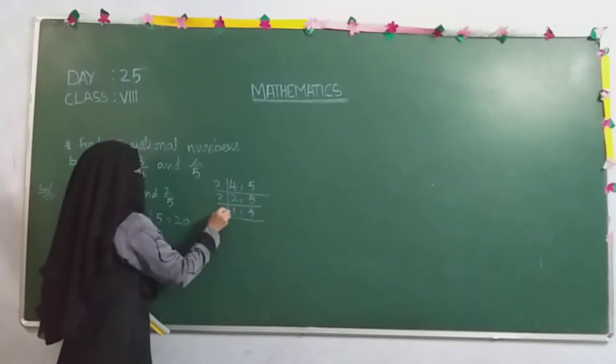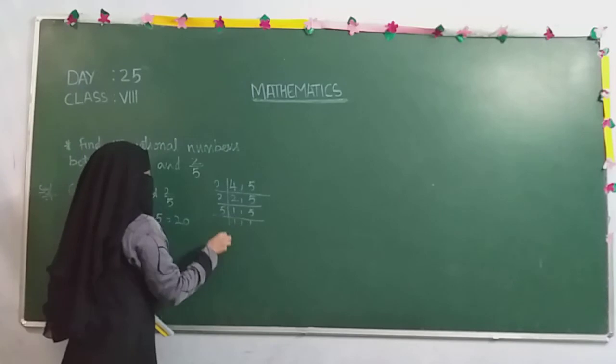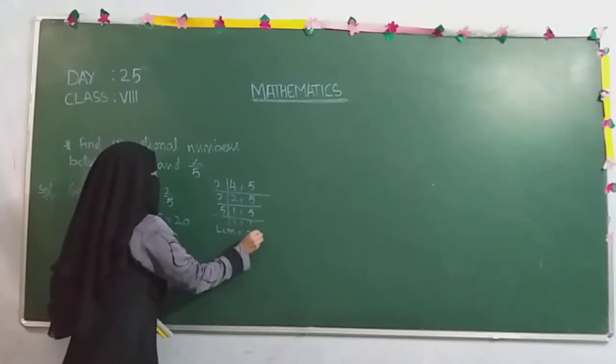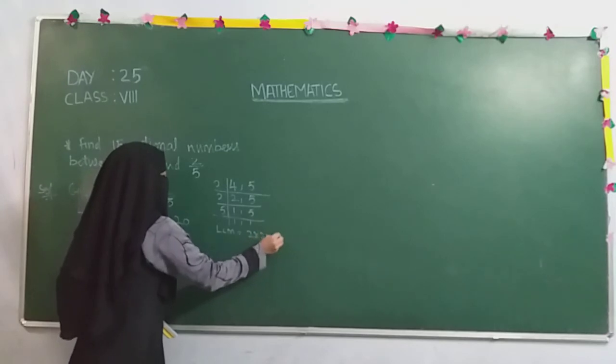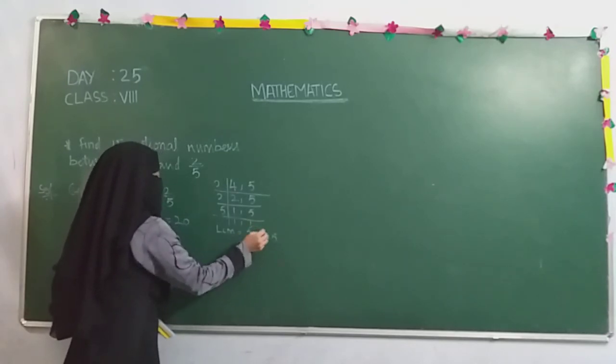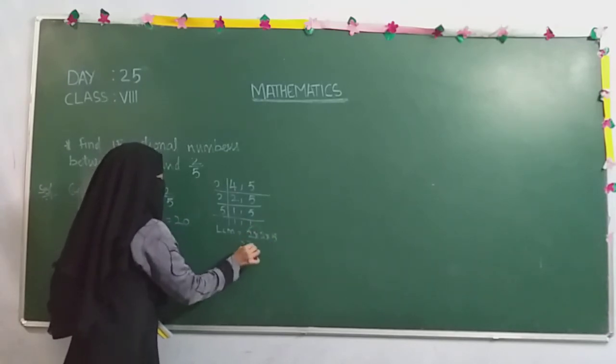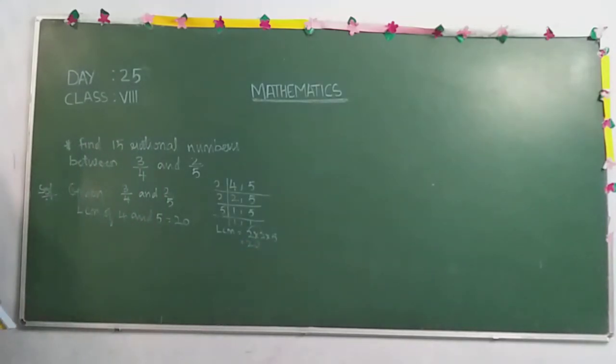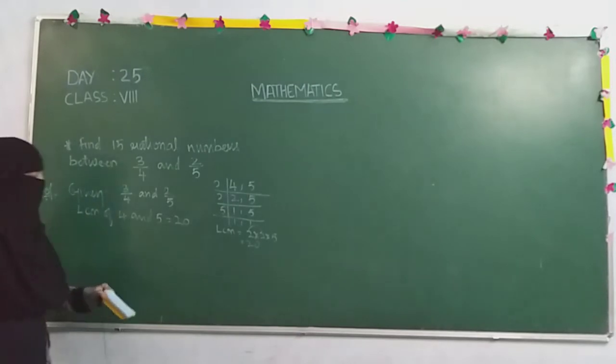Then we proceed with 5 ones. Now whatever the numbers are there, we need to multiply. 2 into 5, which is nothing but 2 2's are 4. 4 times 5 is nothing but 20. In this way we need to calculate the LCM. We have found the LCM as 20.